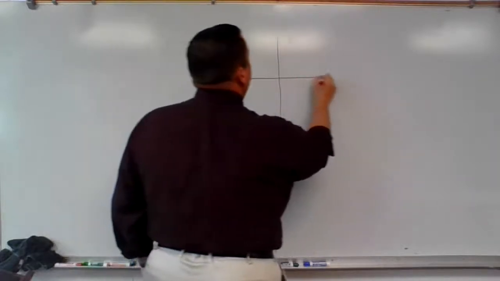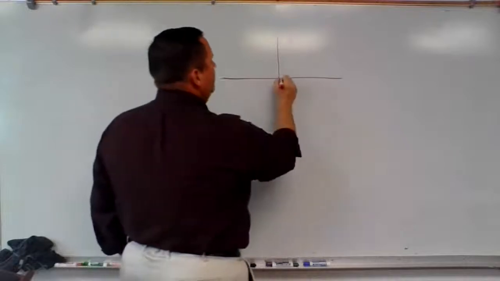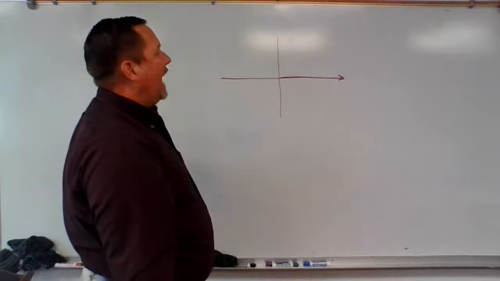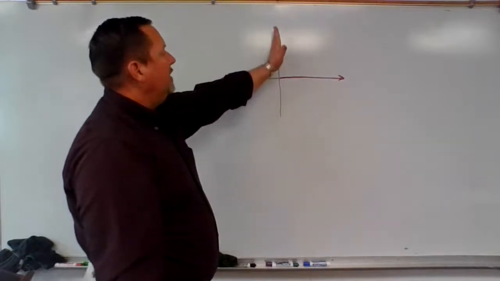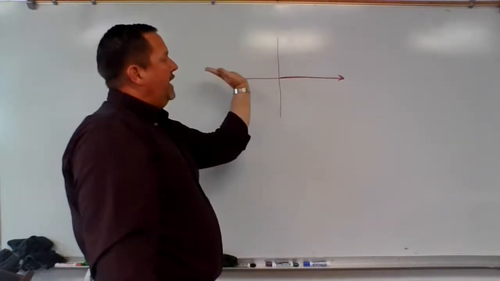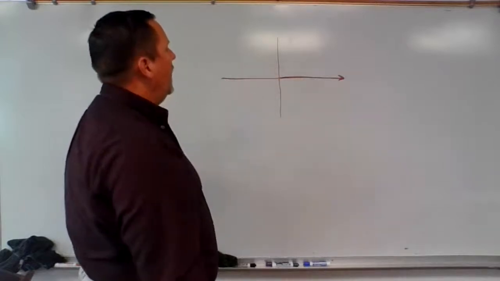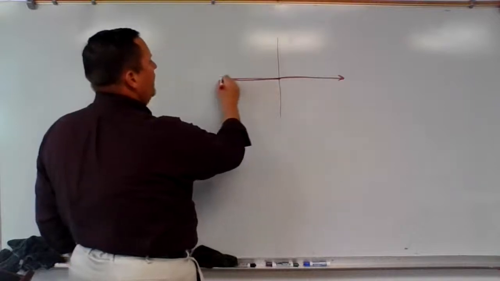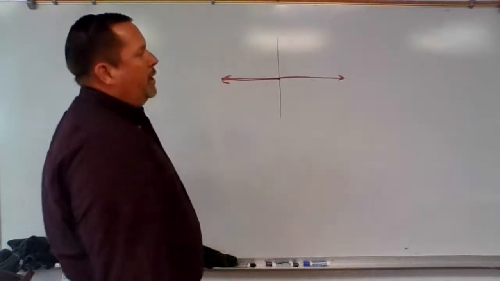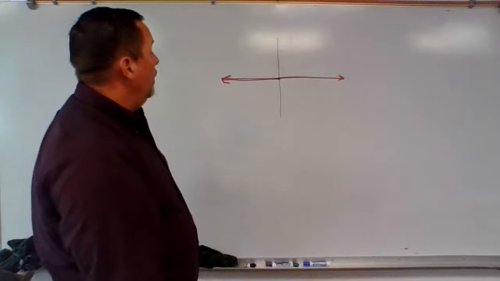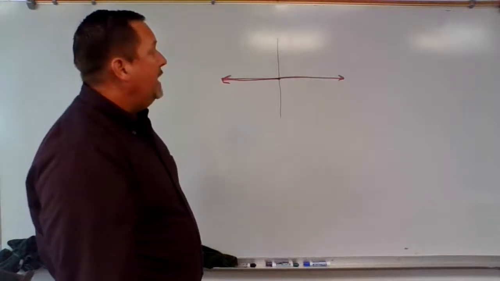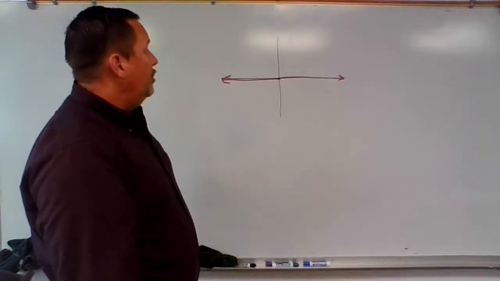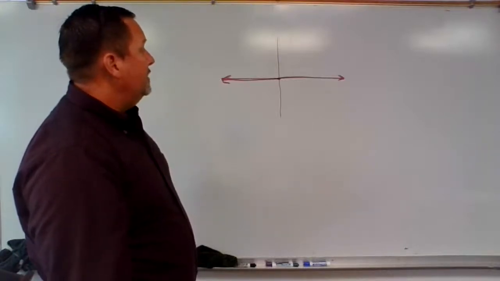A quadrantal angle is any angle that is in standard position. It starts here along the positive x-axis, and it ends actually on an axis, positive y or negative x or negative y. And so let's do this angle here, which we would call 180 degrees, or in radians we might call that pi. And I want to know all of the trig functions of 180 degrees, or pi radians.